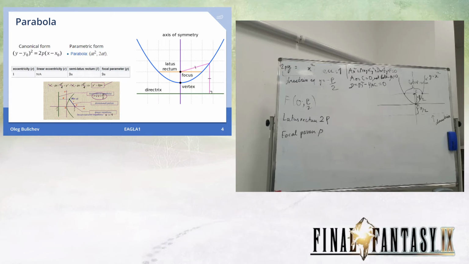For example, the property of the reflecting triangle of the parabola.